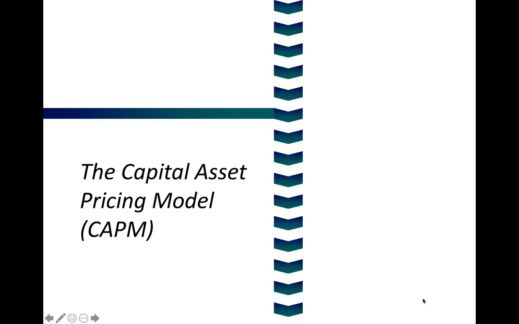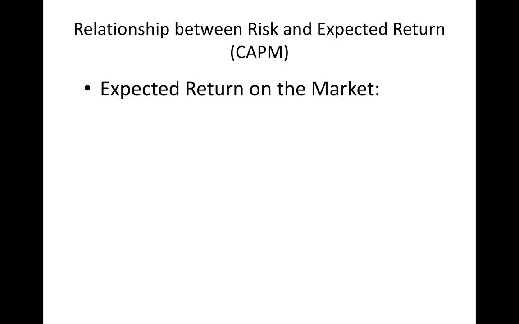So now let's turn to the capital asset pricing model. According to the capital asset pricing model, there is a way to map the relationship between risk and expected return. How does that play out?